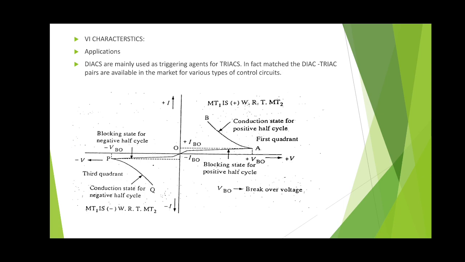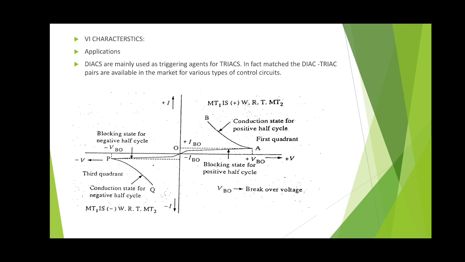A similar explanation can be given for the third quadrant operation. For the application of the negative half cycle, the characteristic obtained will be in the third quadrant. This is because the doping level of the two junctions is the same.